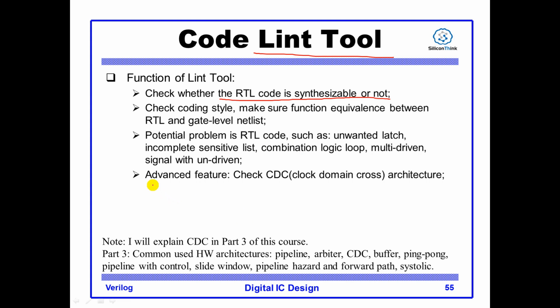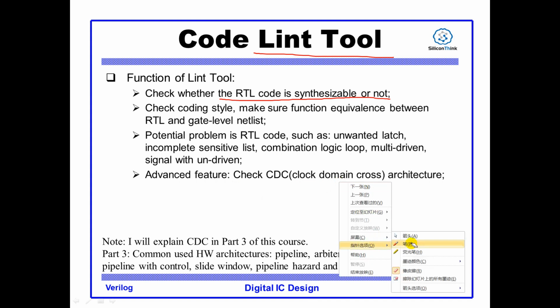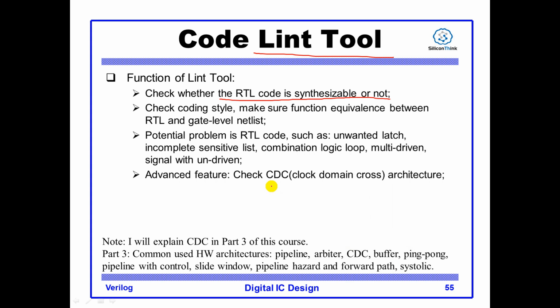For some tools, it also has advanced features, such as checking the clock domain crossing architecture. That is, the tool will check whether your digital circuit is correct at the clock domain crossing point.